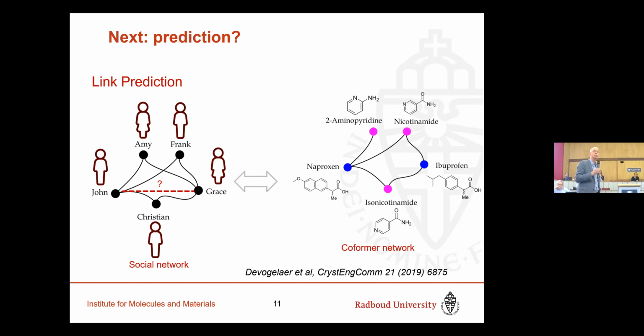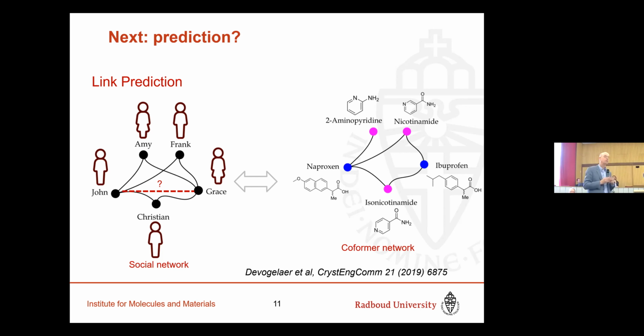And the same thing is true for co-crystals. So you can locally look at a network and how many co-formers are there in common. Now we just learned that our co-formers are bipartite. So in the example that I show here, naproxen and ibuprofen, well, they're the blue ones, not the pink ones.